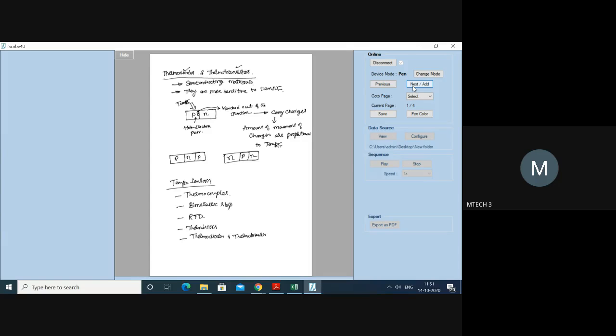These are the different methods used for the measurement of temperature.